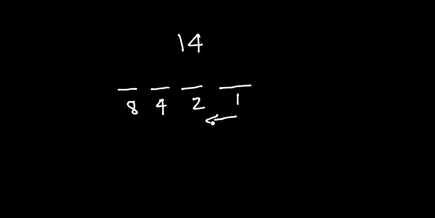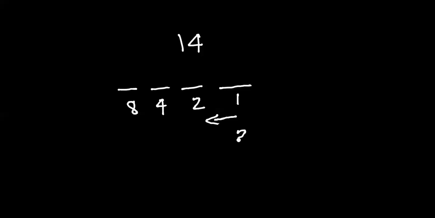Let's take a look at the number 14. In binary, we're going to have a 1 spot, a 2 spot, a 4 spot, and an 8 spot. So as you see, all these numbers double.